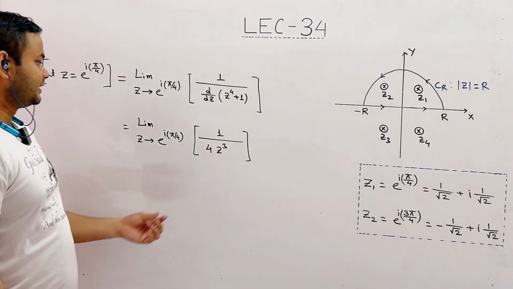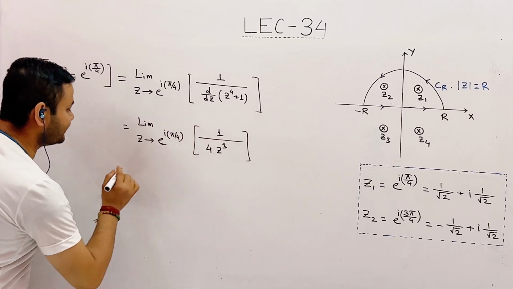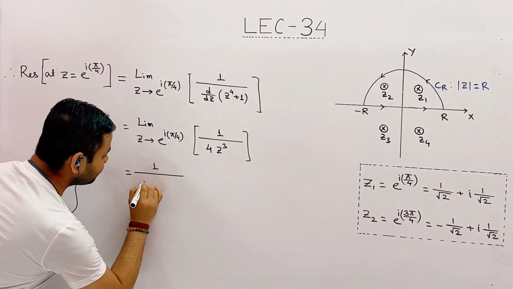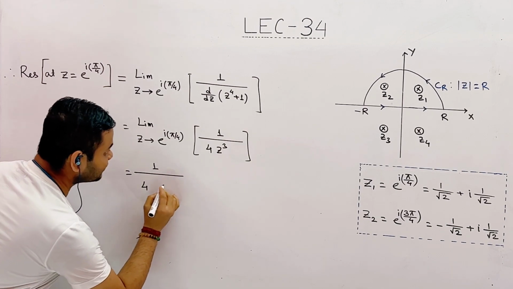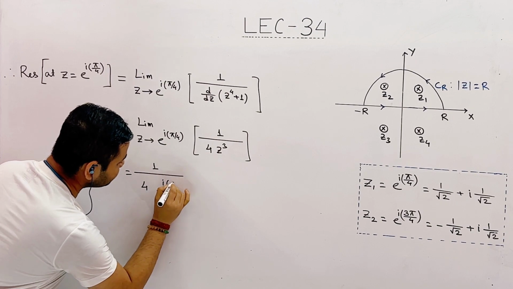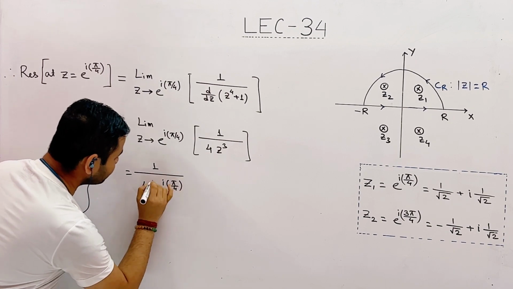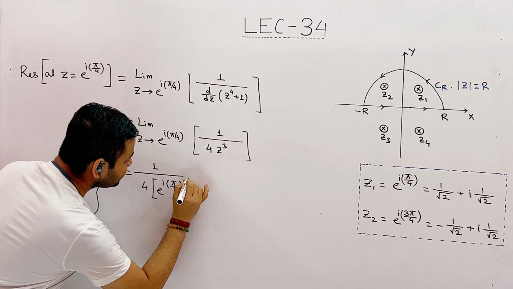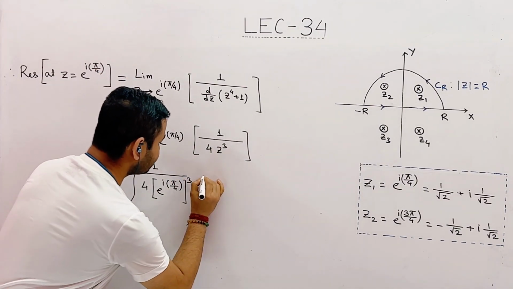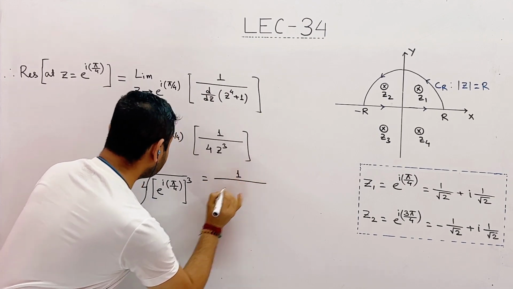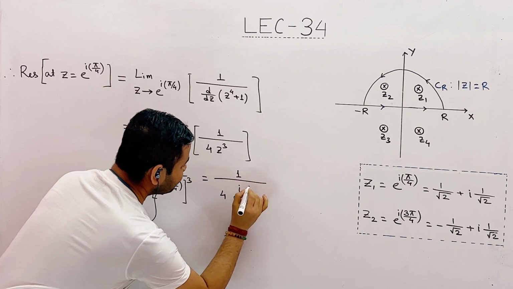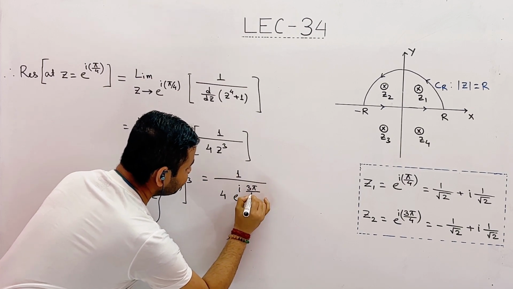Next, let us put the limit here. So, after putting the limit, we will get 1 divided by 4 into z cube, so e to the power iota into pi by 4 whole cube. So, after simplifying, we will get 1 divided by 4 into e to the power iota into 3 pi divided by 4.